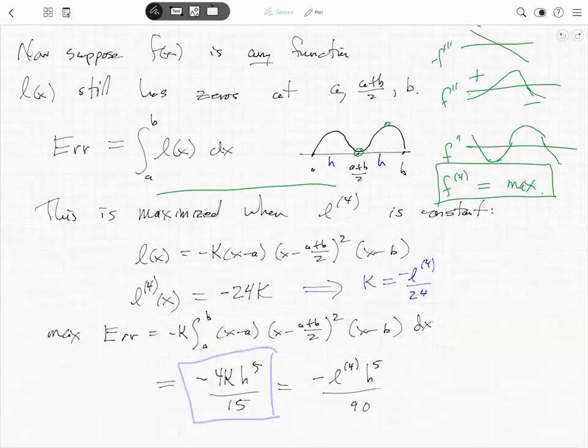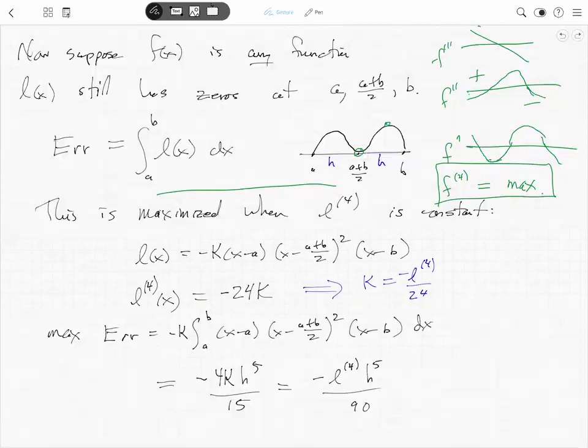The area under the curve, the integral from A to B, is negative 4k h to the fifth over 15, where h, remember, is the distance from a to (a plus b) over 2, and also the distance from (a plus b) over 2 to b.